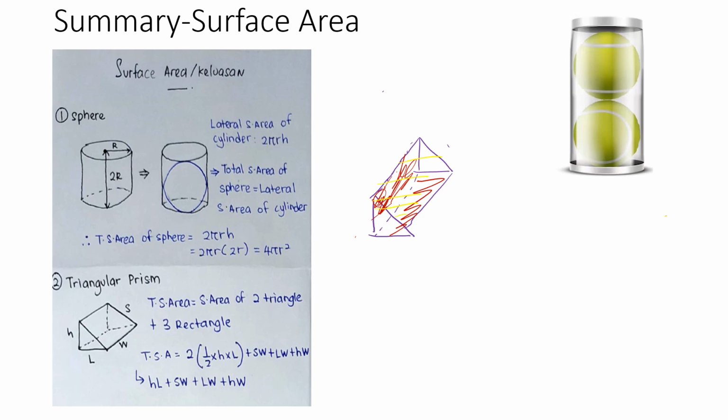Okay, so in order for you to find the surface area of a triangular prism, very easy. Just take the surface area of these two right angle triangles, which is half times base times height. Okay, because we have two right angle triangles, you need to multiply by 2 and then add the surface area of each of the rectangles.